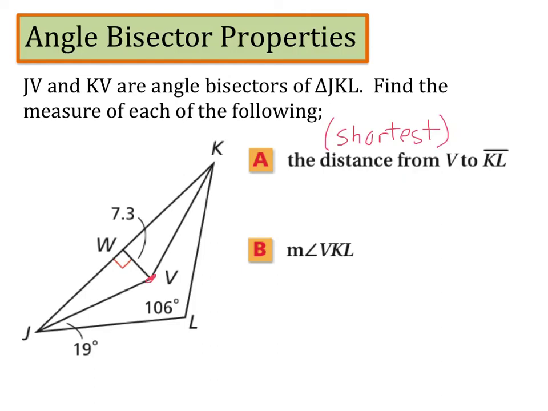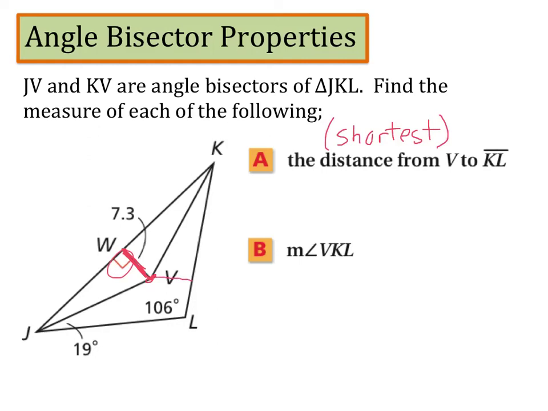So let's look at point W and V. Now the point from V to line JK is demonstrated right here. This is the shortest point from V to KJ. So what we're looking for is the perpendicular segment from here to here.